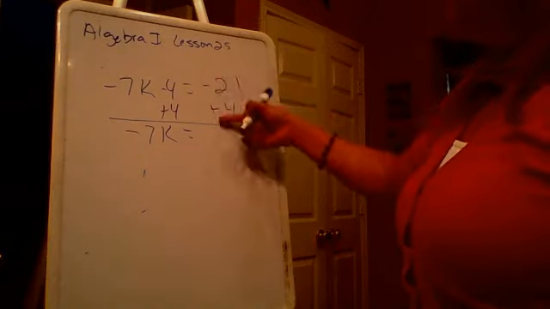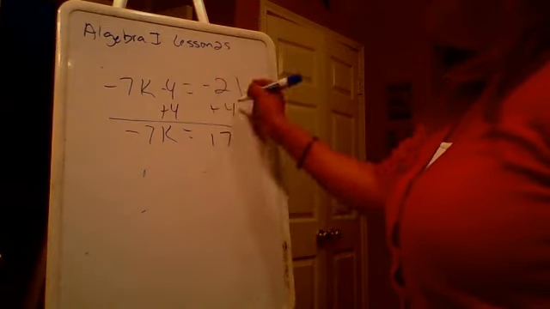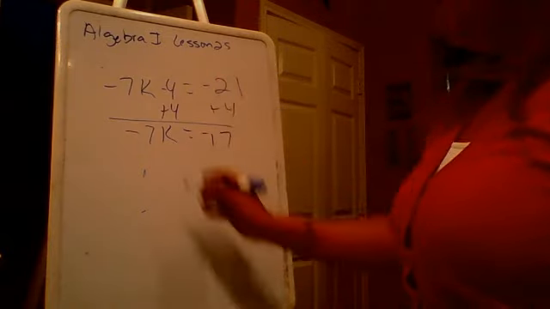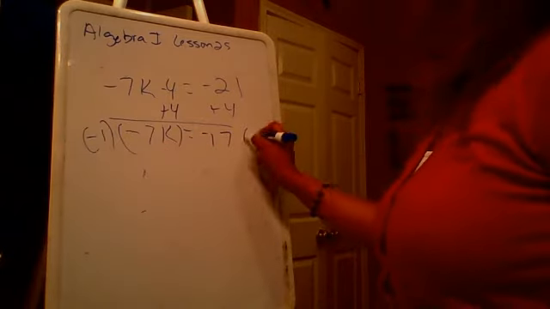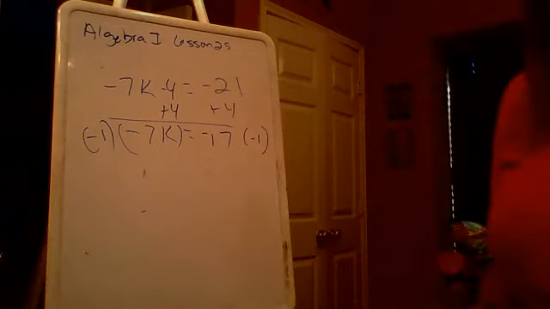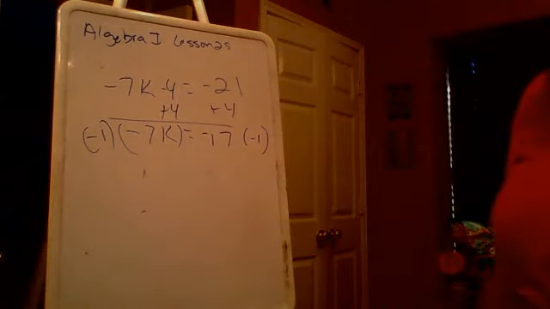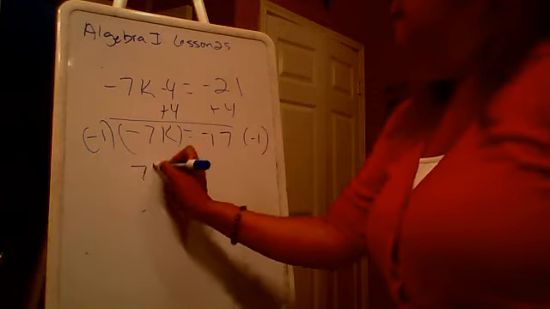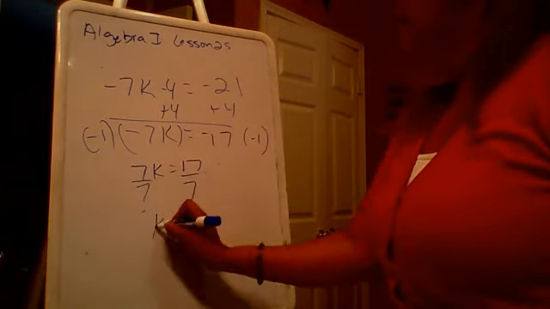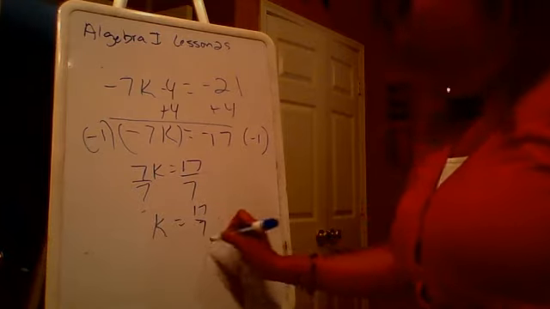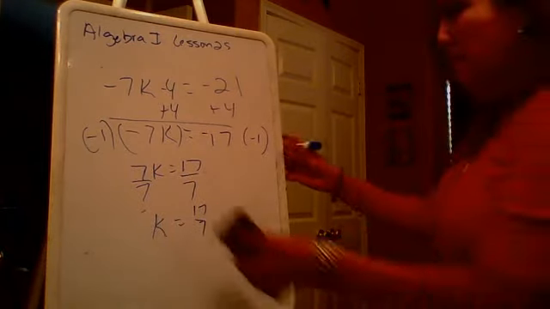You have different signs, so you find the difference. Negative 21 is bigger, so it's going to be negative. Now I'm going to multiply both sides by a negative 1. I only have one term on each side. If I had two terms, I'd multiply each term. This simply becomes 7k equals 17. Then I divide both sides by 7. I get k equals 17 over 7, and you can leave it like that.